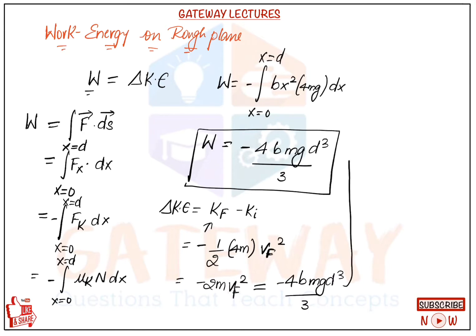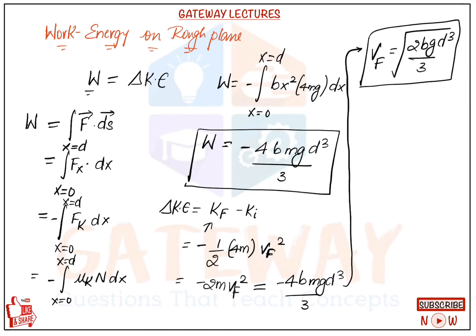Once we do the calculation, the 2 and 4 cancel, and vf will be the square root of 2 b g d cubed upon 3. This is the final velocity of the blocks just after collision, and this is our answer.